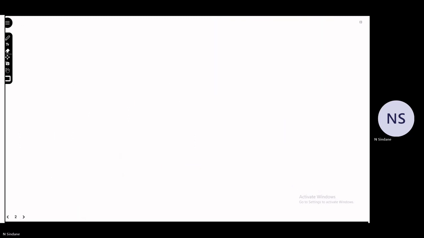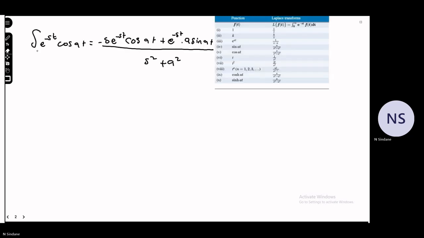Now the next step is, we're told that it must be between 0 and infinity. So we can do that. 0 and infinity, right? And then I can remove this fraction by taking s squared plus a squared out.